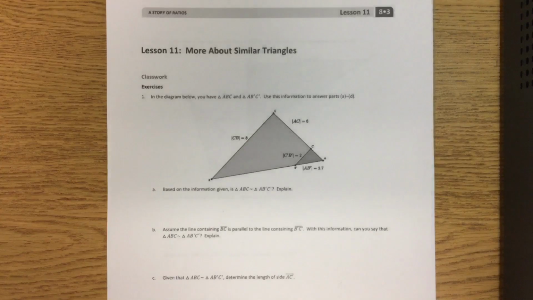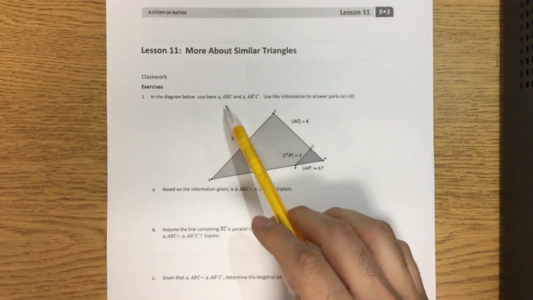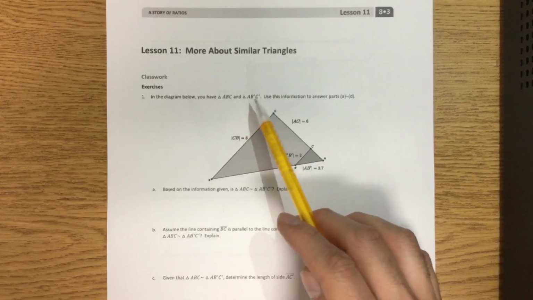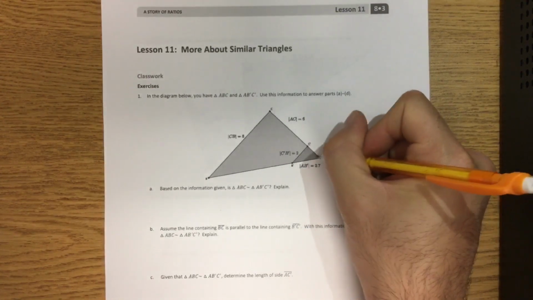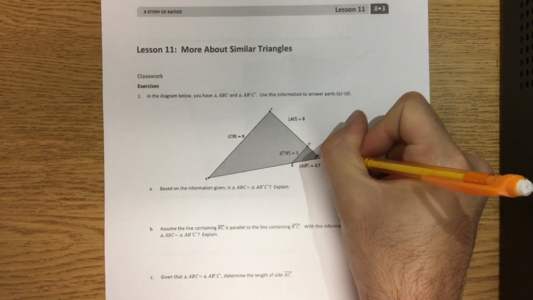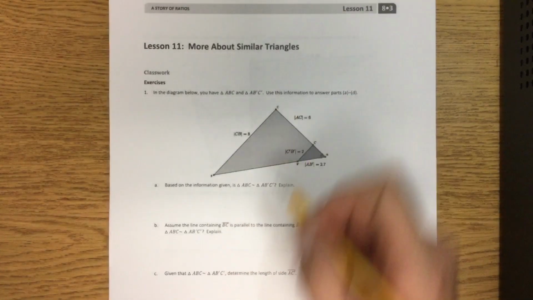Okay, so when we look at this, first we got to go and see what they tell us. So right now we know that triangle A, B, and C, and triangle A, B prime, C prime. So when we look at this, well, they both have this angle A, so that we know is the same, but that's all we do know. So we don't know anything along those lines.